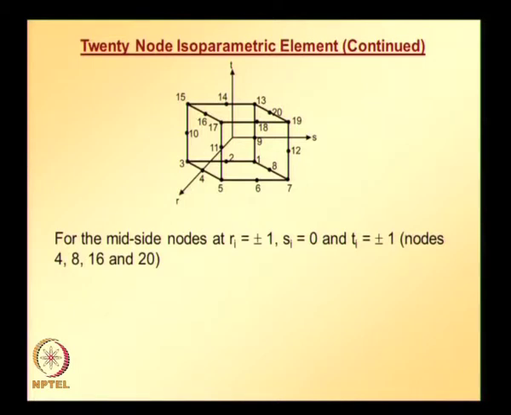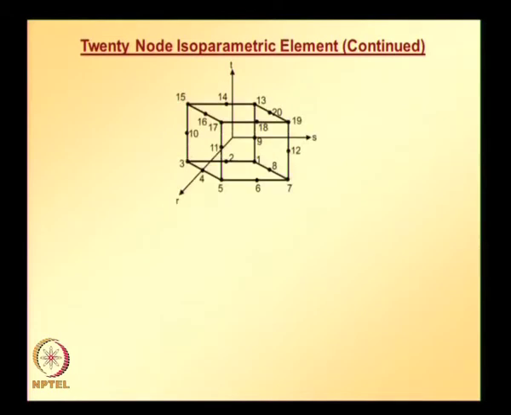For mid side nodes, that is nodes whose S coordinate is 0, with Ri the nodal R coordinate of that particular node, or mid side nodes whose R coordinate is plus or minus 1, whose T coordinate is plus or minus 1, S coordinate is 0, such nodes, that is nodes 4, 8, 16, 20, the shape function expression is given by this.